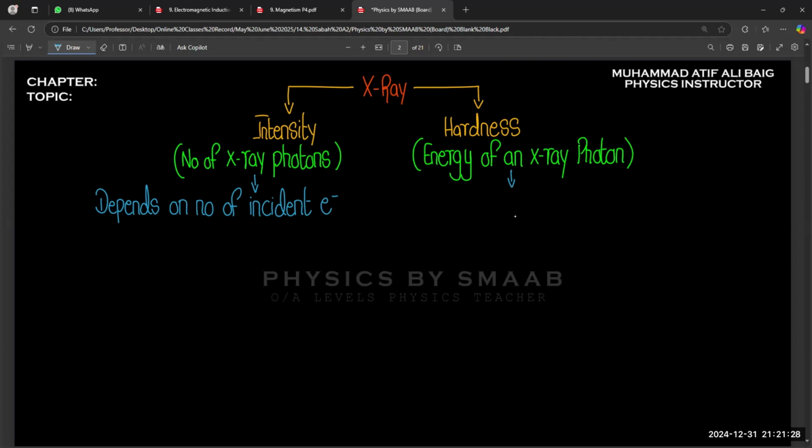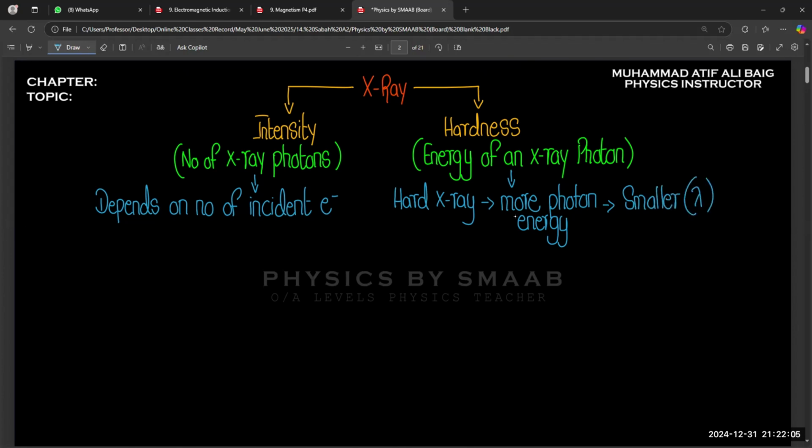Hard X-ray means more photon energy and a smaller wavelength. And how will we get more incident electrons?